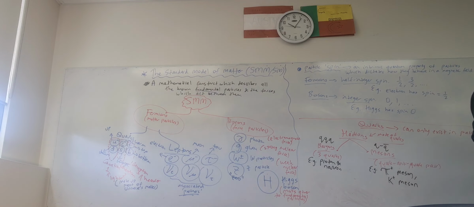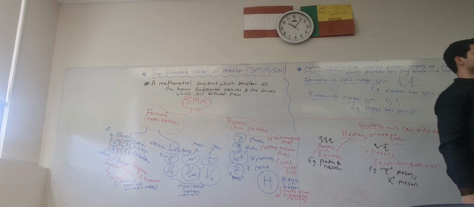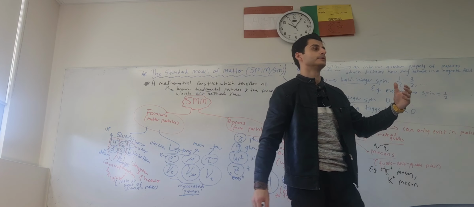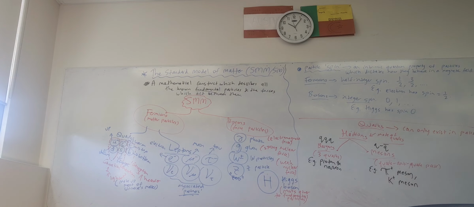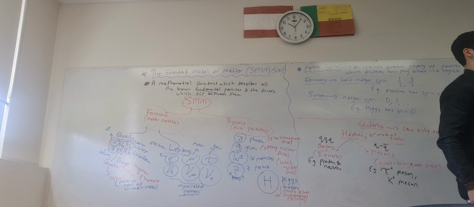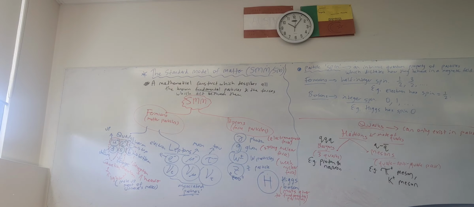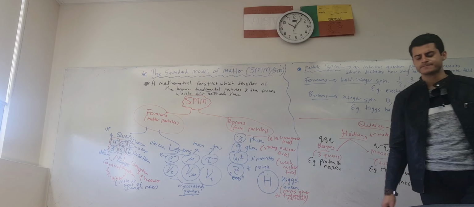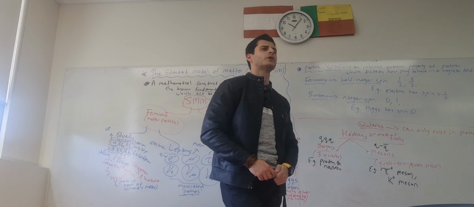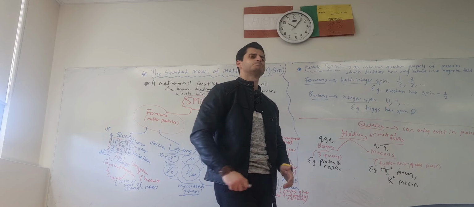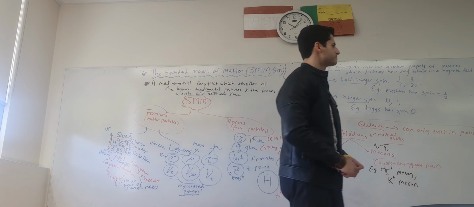It's a very short time, and it decays and creates other particles, and those particles are an indication of the Higgs. So it's indirectly detected. There was a lot of data analysis, a lot of statistics involved. There's also a proposed particle called the graviton for gravity. It hasn't been detected yet.